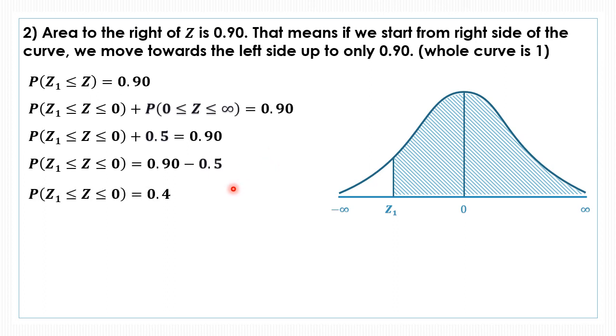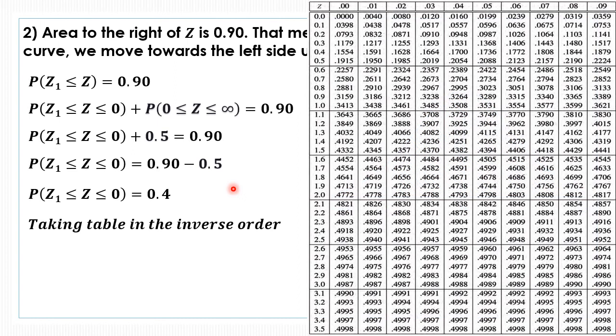And we already know from taking the inverse table that 0.4 lies between 0.3997 and 0.4015. So it is 1.28 and 1.29, and z1 is on the left hand side, the negative side, so it will be negative 1.28 and negative 1.29. We have to take an average of these two values, which will be negative 1.285.